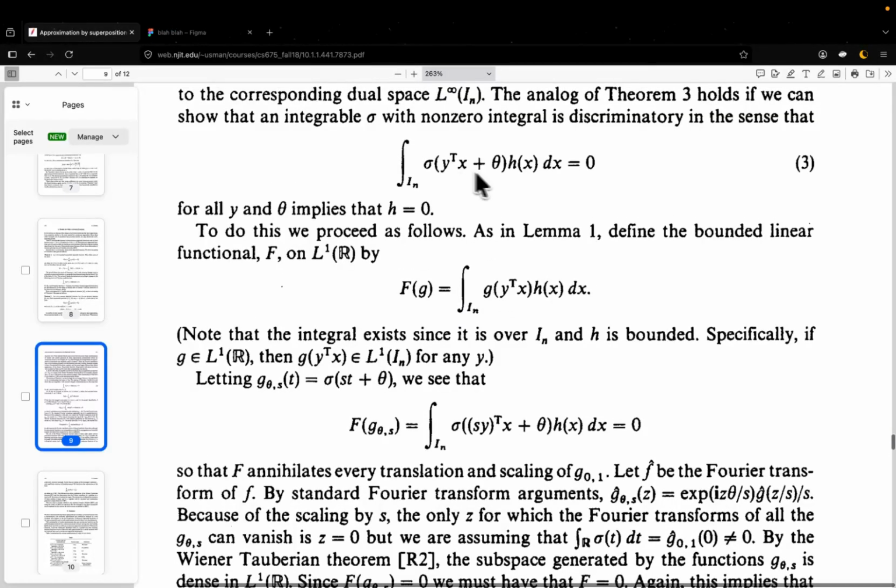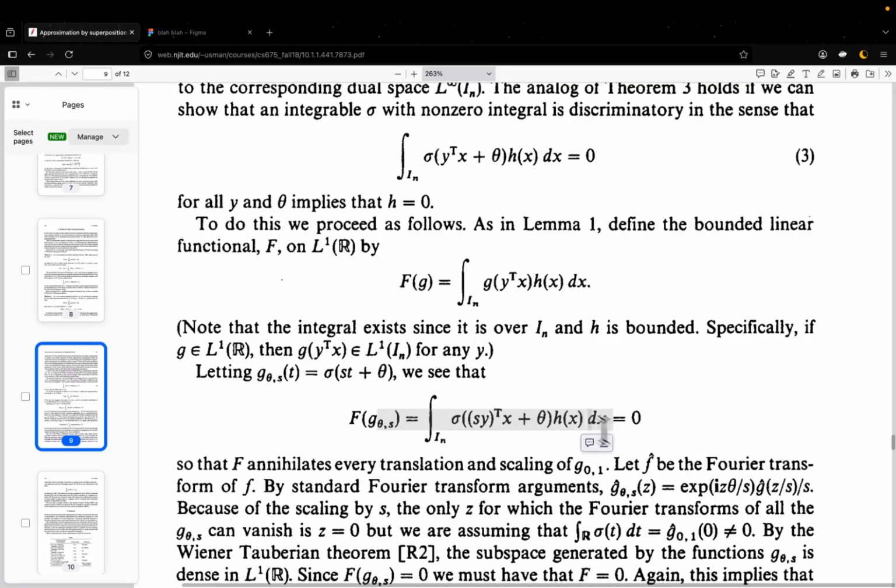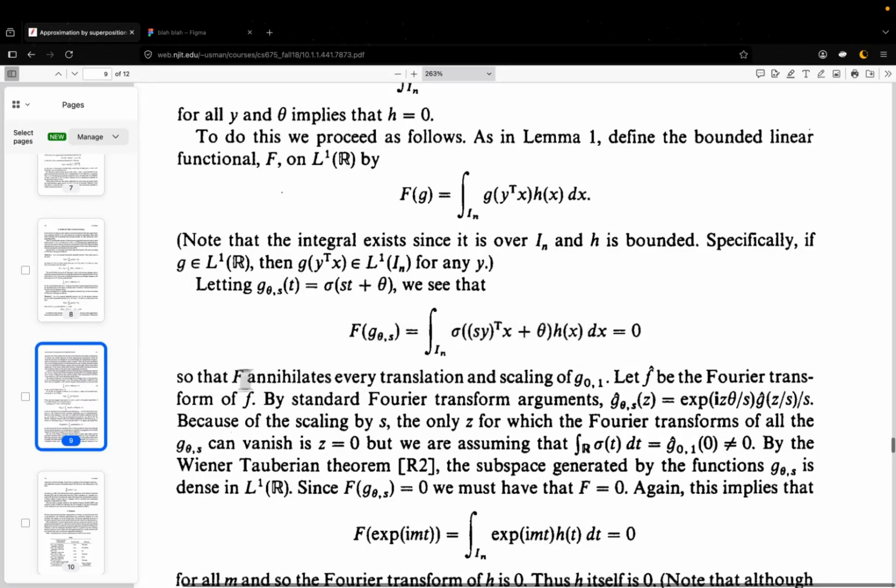So we are saying that this is what we want to prove, that h is 0. If this is true, we have this linear functional that is used for our h to make it 0. So this implies if the function is discriminatory, that linear functional is 0.